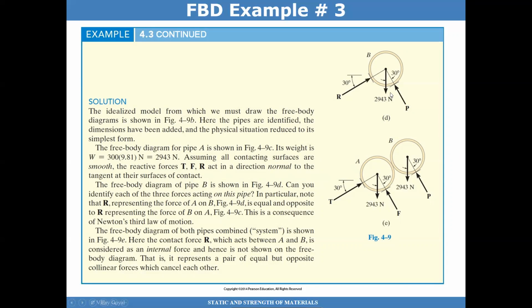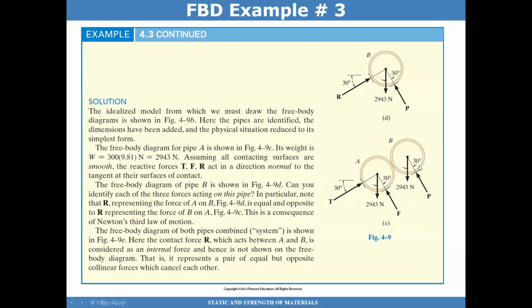If I want to determine a free body diagram for pipe A and B together, all I have here is the weight of each of these pipes and the forces from the contact against the fork blade.